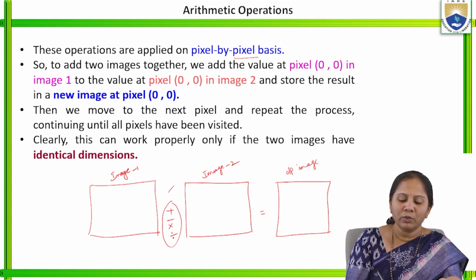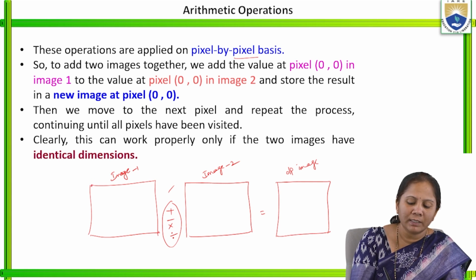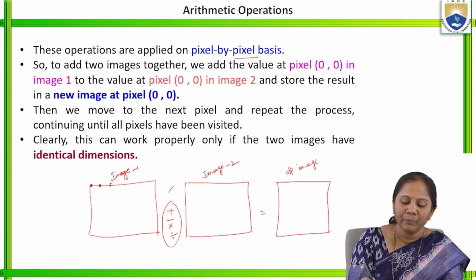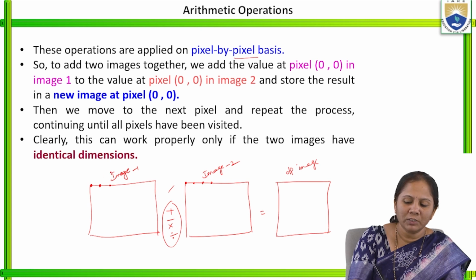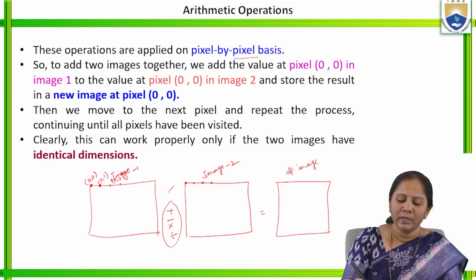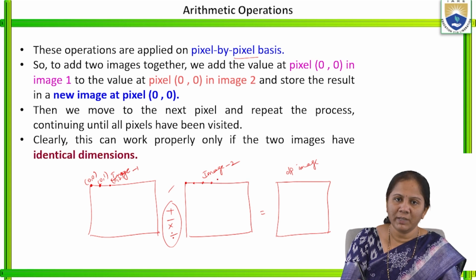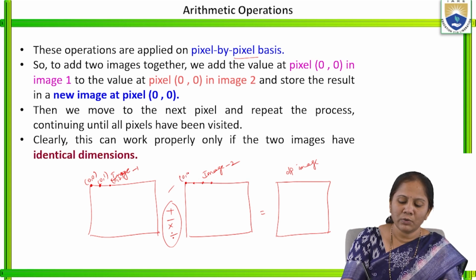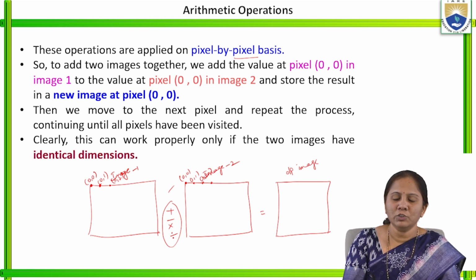If you consider image 1, these are all the pixels that are available. We can consider 0,0, then 0,1, 0,2, and in image 2 the pixels 0,0, 0,1, 0,2. The operation should be done on a pixel by pixel basis.